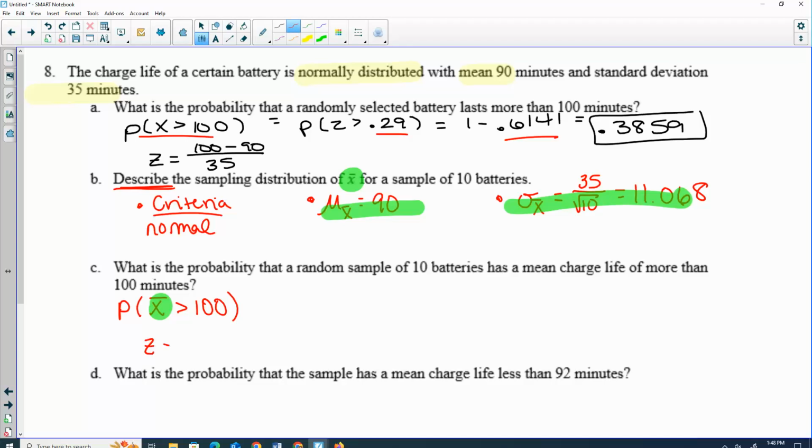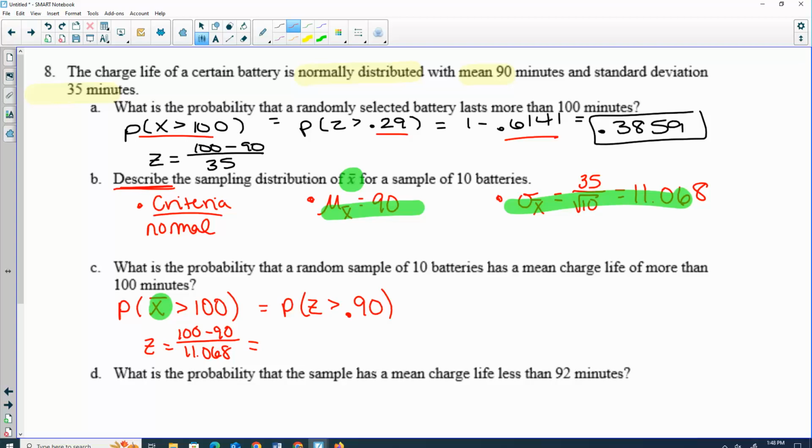So our z is our value minus the mean divided by standard deviation. So that's the probability that z is greater than 0.90.